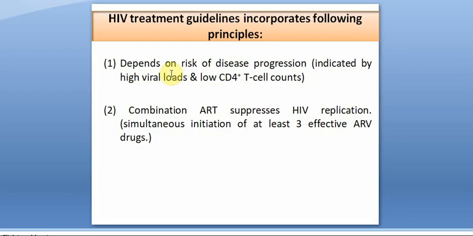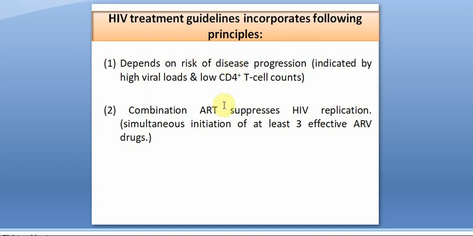It is usually known by the amount of virus present in the blood. If there is a high viral load, it means that the patient has to take the HIV treatment. Or if the patient has very low CD4 counts or T helper cell count, in that case also it means that the disease is progressing and the patient has to go for HIV treatment.